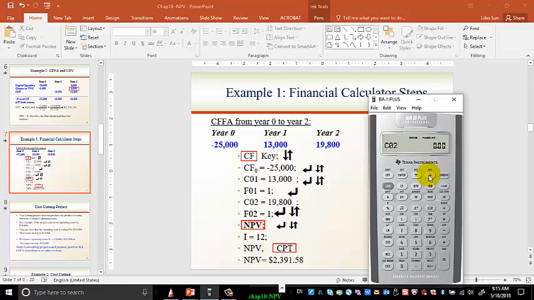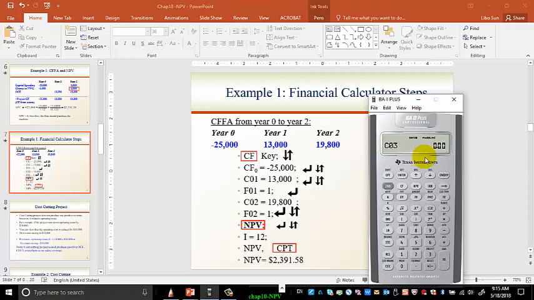Continue, go down. Next year cash flow, we enter 19,800. Click on enter, go down. Again, this also repeat one time, so we keep this as default. We only have two-year cash flow, so the cash flow 3, there's no need to change.